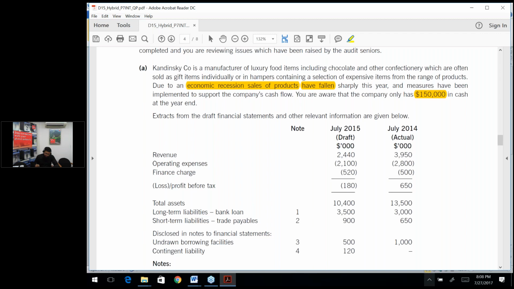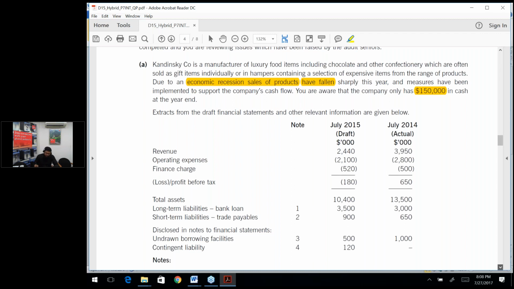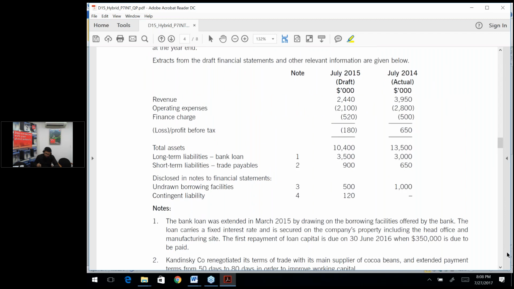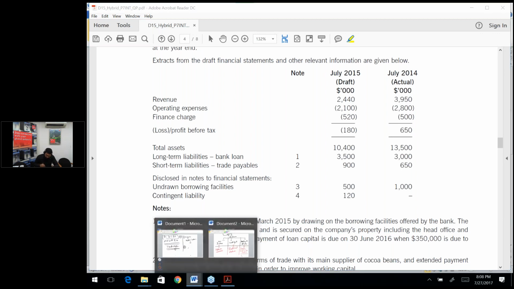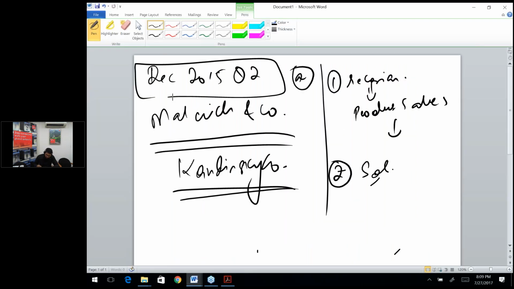Number two. Furthermore, extracts from the draft financials and other relevant information are given below. So you've got the extracts from the draft financials and other relevant information. There is revenue which is 2440 and last year it was 3950. So you could say there is a decline in sales. So how much have the sales declined?